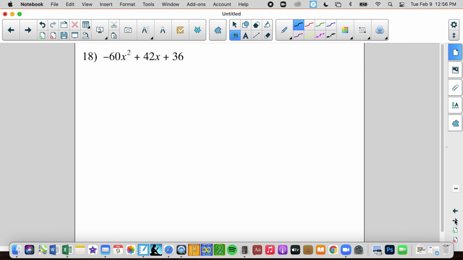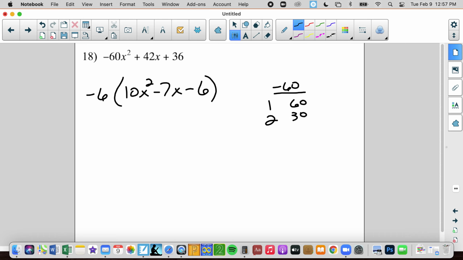Last one, baby. Here we go. Negative first term. 6 goes in all those, so I'm going to take out a negative 6. That gives me 10x squared plus 7x, plus, no, that's minus 7x minus 6. That's good. I got negative 60 as my a times c. 1 and 60, 2, 30, 3, 20, 4, 15, 5, and 12.